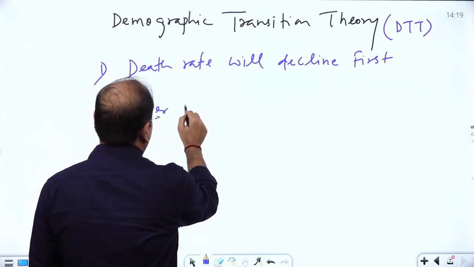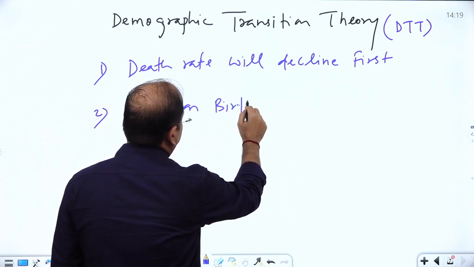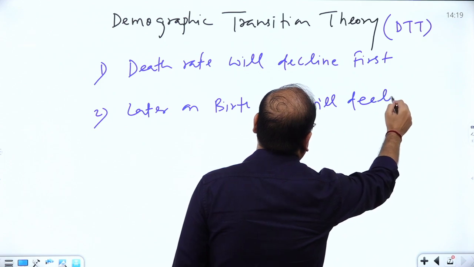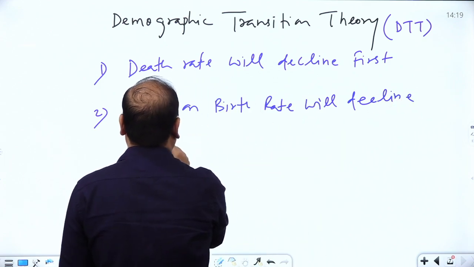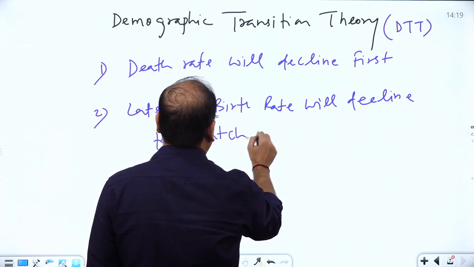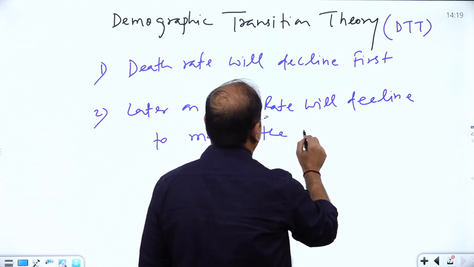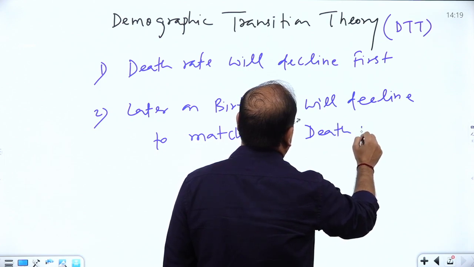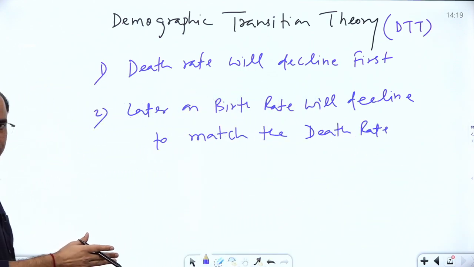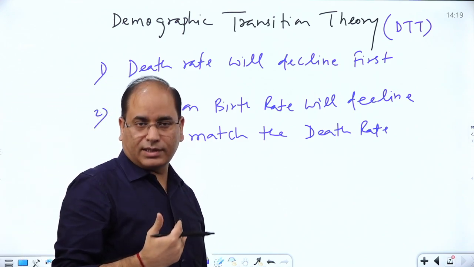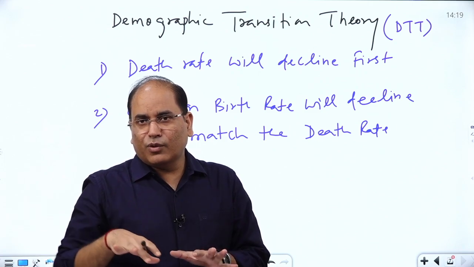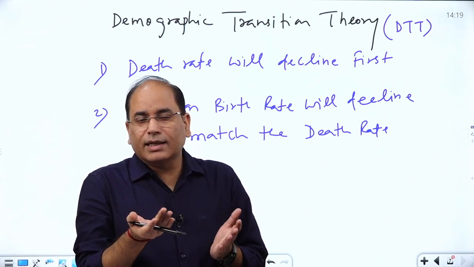Later on, the birth rate will decline to match the death rate. So the declining of the death rate will go first. Later on, the birth rate will also decline, and more or less it will try to match the death rate. That is how it will go.